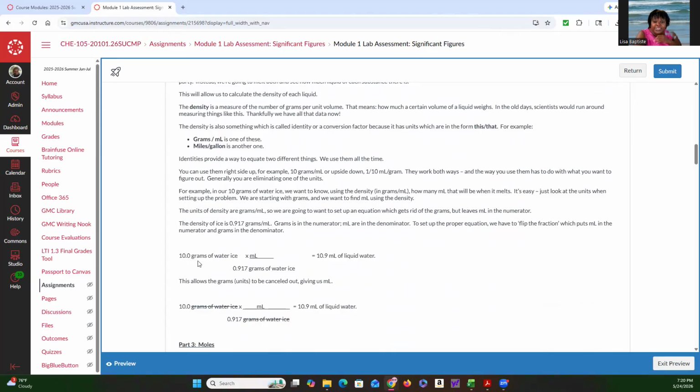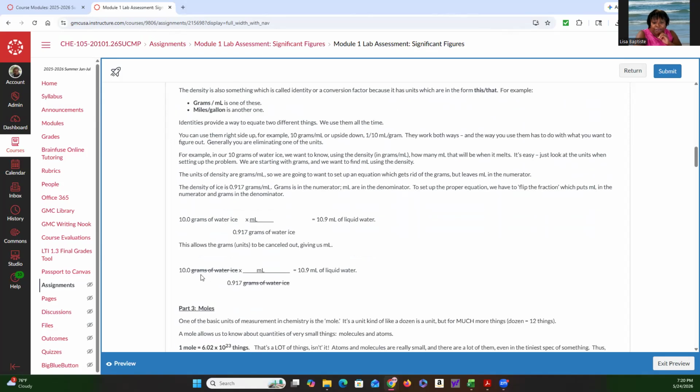All right. So let's look at this example. We have 10.0 grams of water as ice times a milliliter over 0.917 grams of water as ice. If we look at the units, we have grams of water as ice on the top and grams of water as ice at the bottom. Anytime we're dividing the same unit, we cancel those units out, all right? And so we're left with just milliliters.